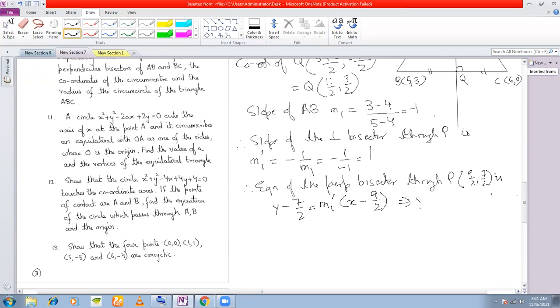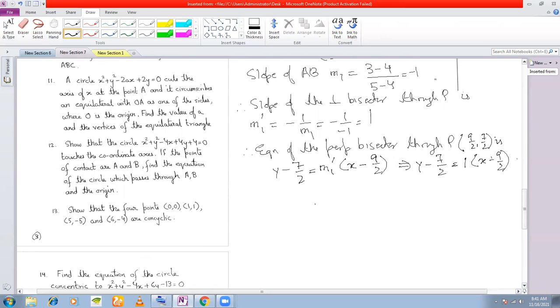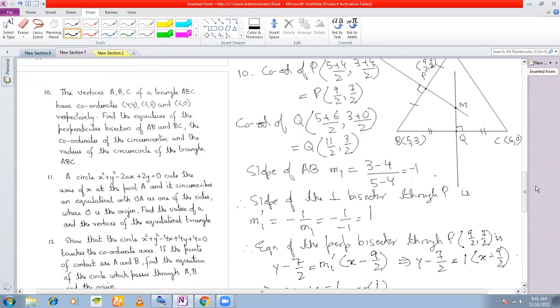That means y minus 7 by 2 is equal to m1 dashed, which is 1, into x minus 9 by 2. Right? Now you express this, take the LCM and take x and y on one side, and find out the equation of this straight line to be x minus y is equal to 1. Call this equation number 1. So we have found out the equation of the perpendicular bisector through P.